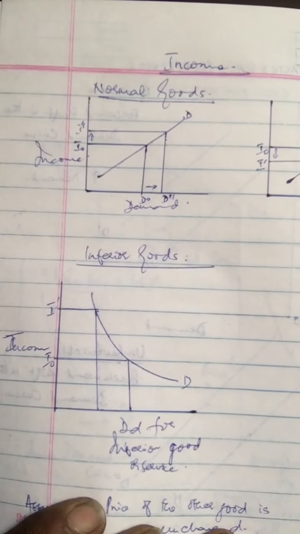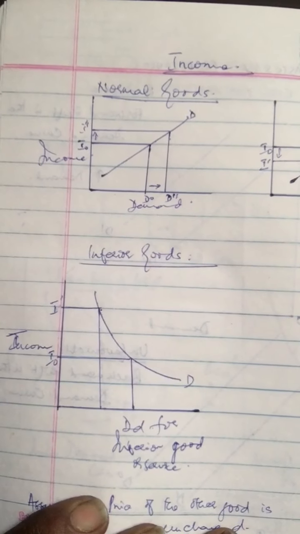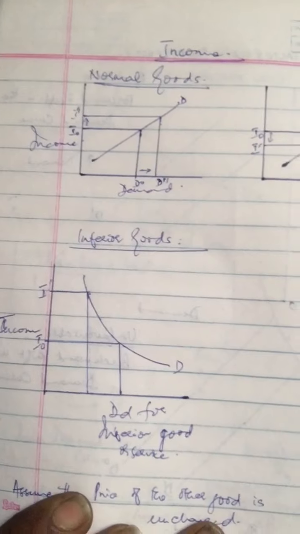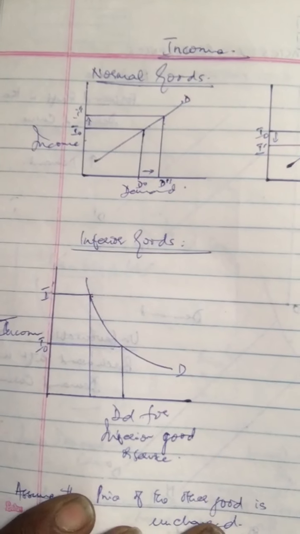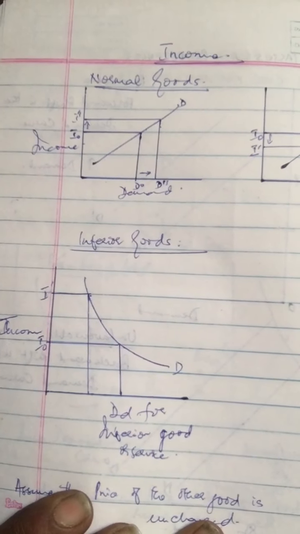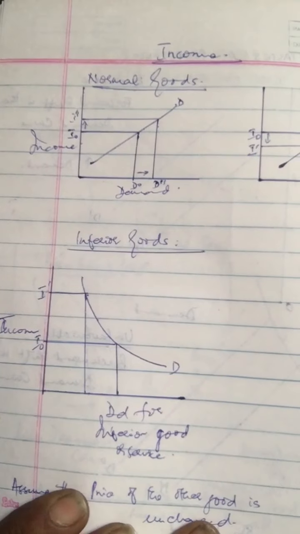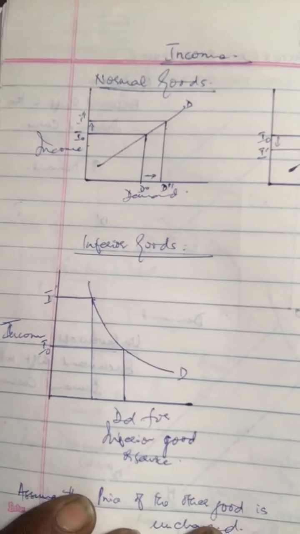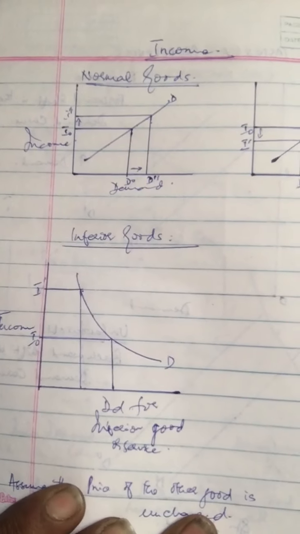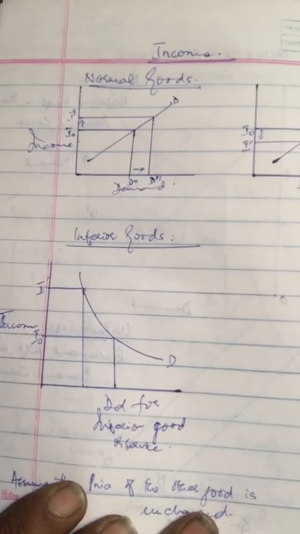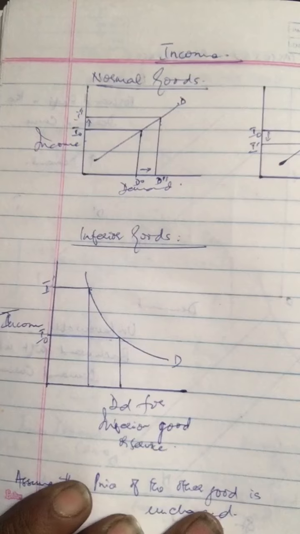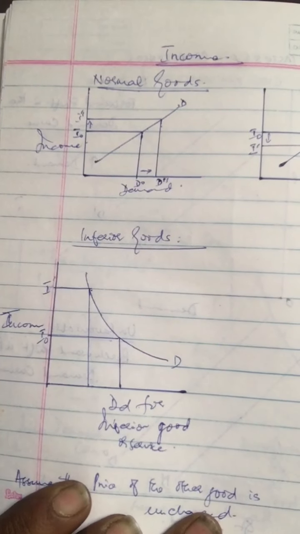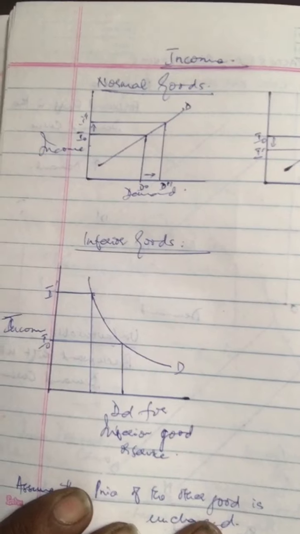And if the income falls, the demand for normal goods will fall. But when you're taking inferior goods, if your income increases, then what happens? You will no more demand that inferior commodity. So the demand for the inferior commodity will come down.